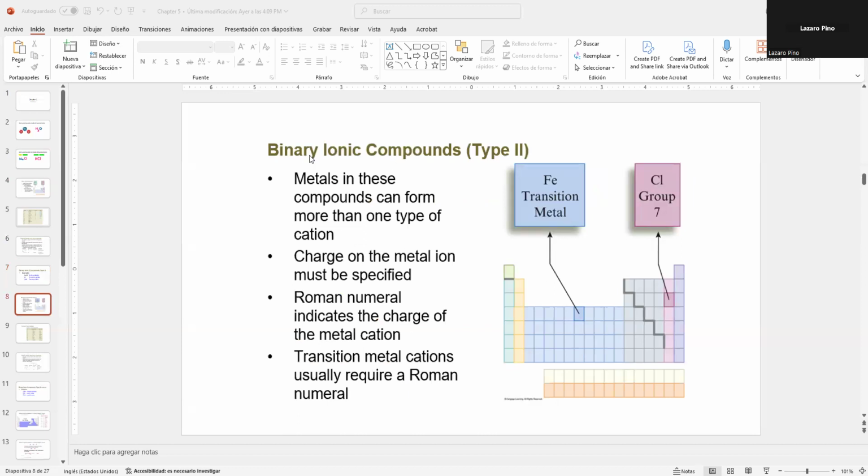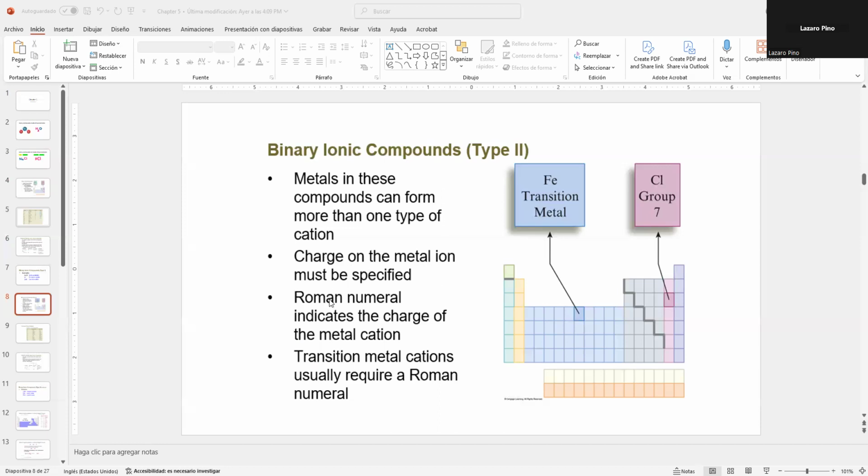But we have the binary compounds type 2. For example, we have iron, that is a transition metal, and chlorine, that is an element from group 7. The metals in these compounds can form more than one type of cation. What does it mean? That they have different charges.